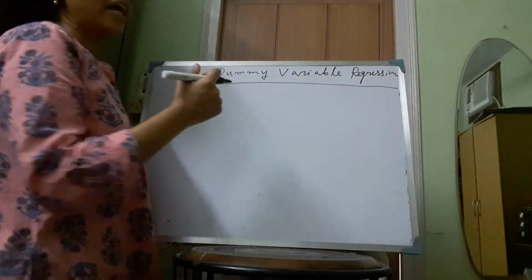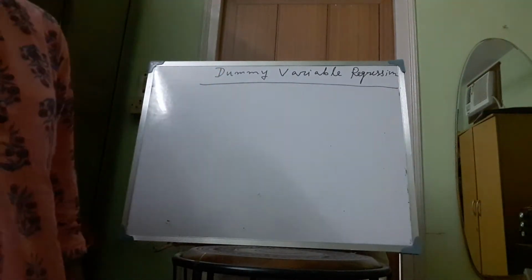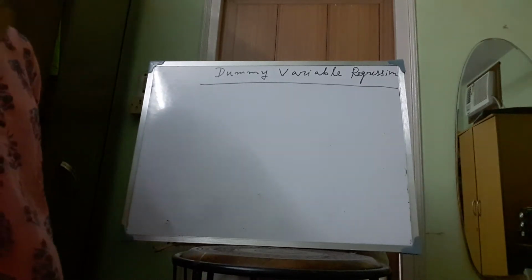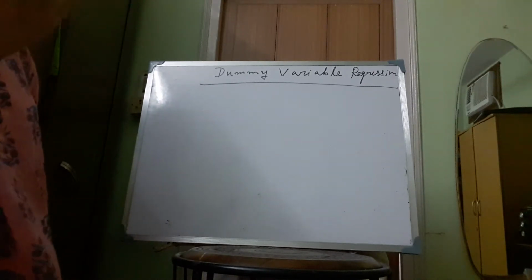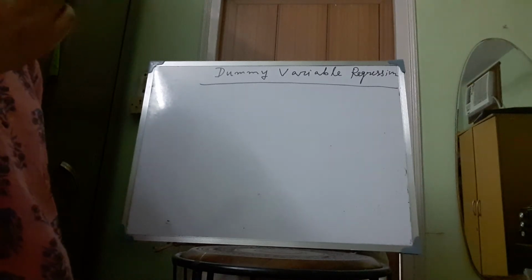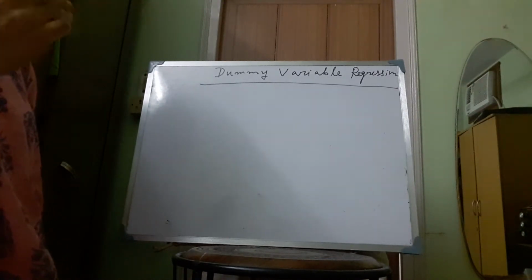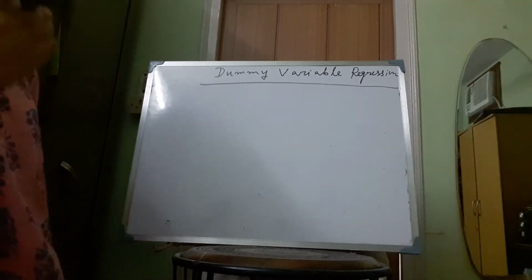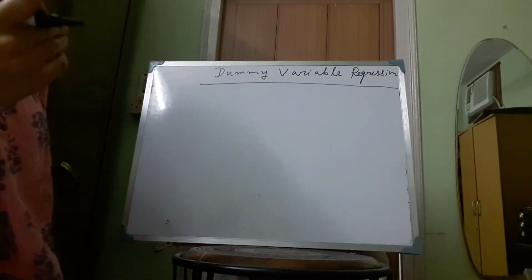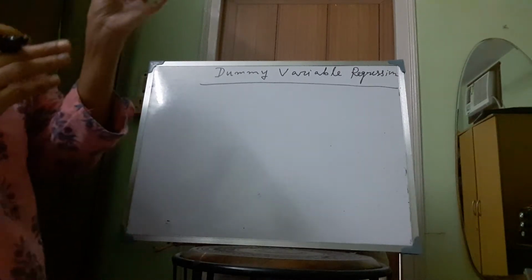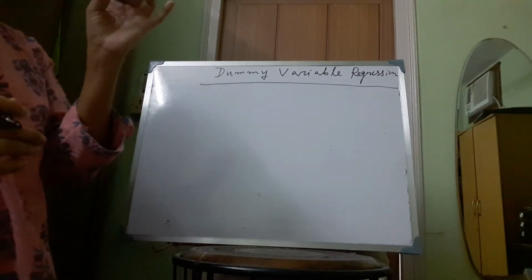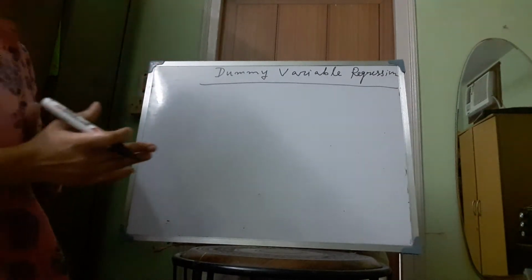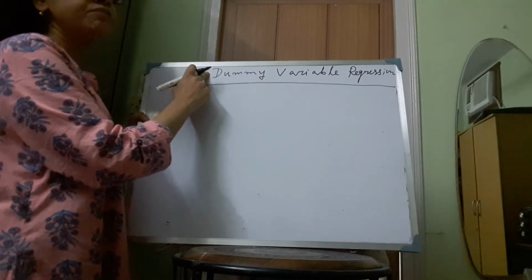Suppose on the right hand side we have the variable gender. Gender is a qualitative variable, it cannot be measured. We can only identify gender by a binary variable, 0 and 1. If a person is male, then the value of the dummy variable is 1. If the person is female, then the value of the dummy variable is 0. So we can only denote that variable by a discrete binary variable, 0 and 1, and we cannot measure that variable. So in that case we use the dummy variable regression.